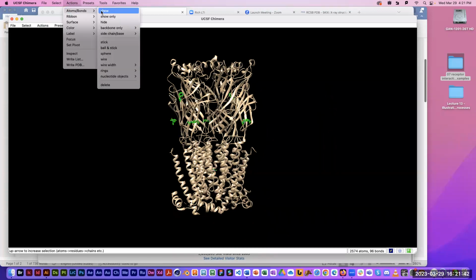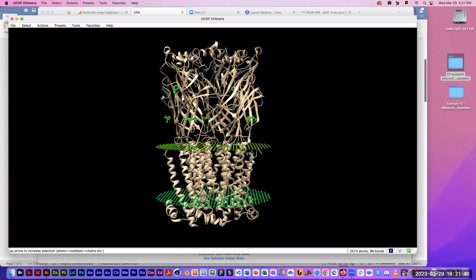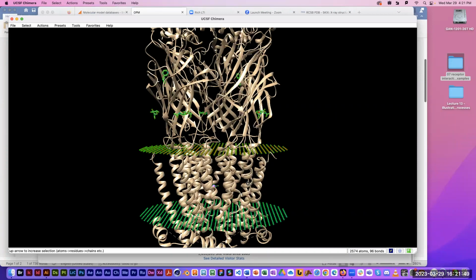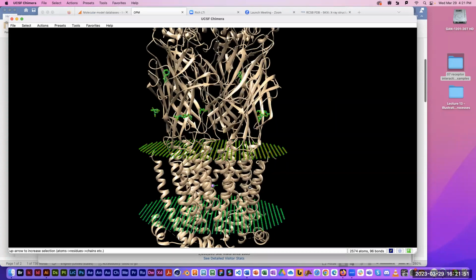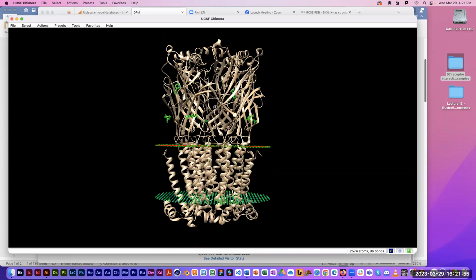But I'm going to say atoms and bonds show, and we get the rows of red dots and blue dots, which tells us how this thing sits in the membrane. Remember, the red dots represent the outside of the cell membrane, and the blue dots represent the inside of the cell membrane. So that's going to tell us where this thing sits in the membrane, so that we can actually illustrate this thing sitting in the correct place in the cell membrane.